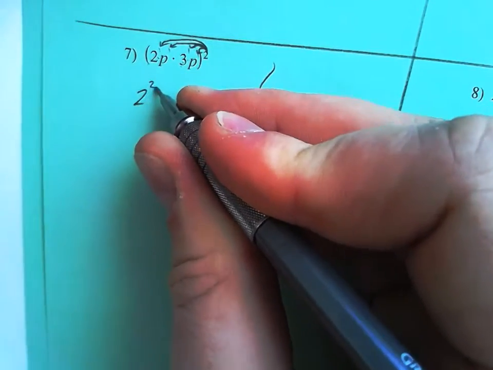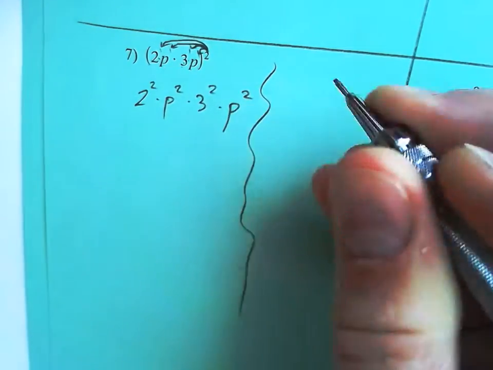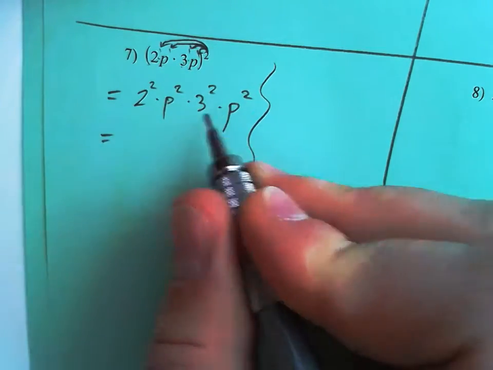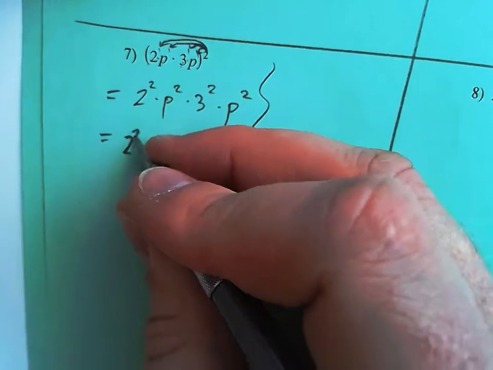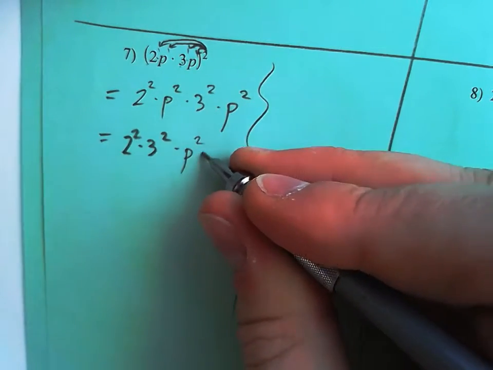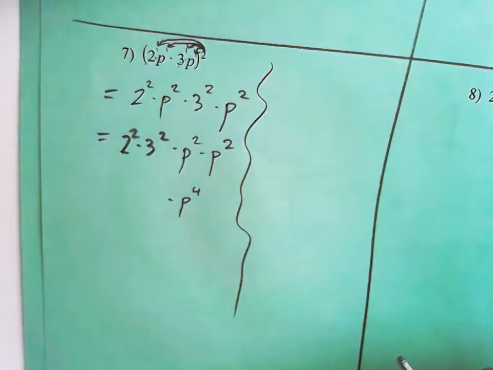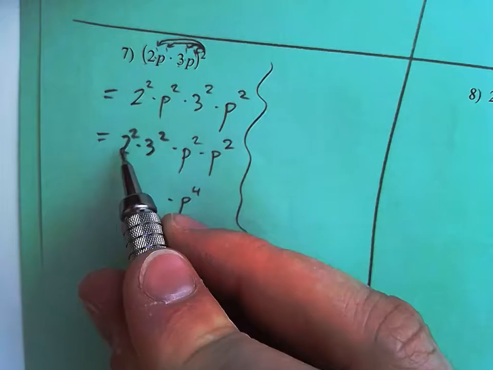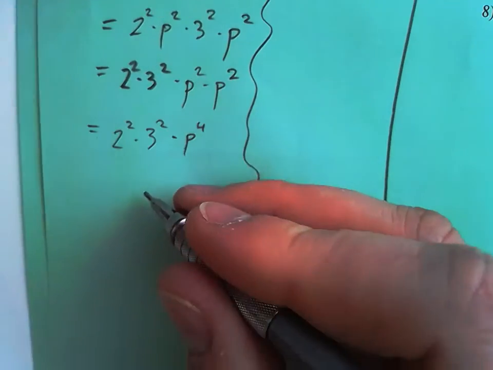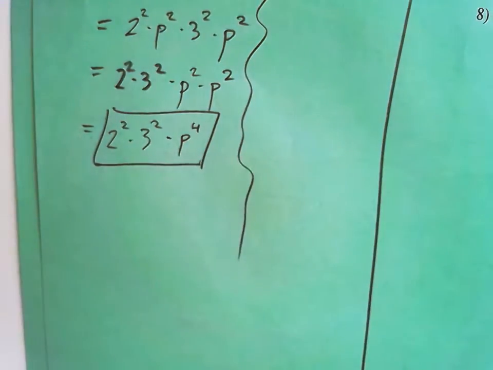So it'll be 2 squared times p squared times 3 squared times p squared. The order doesn't matter in multiplication, so I'm going to put these at the front and the p's right here. P squared times p squared is p to the 4th with the product property. And I'll just leave this as 2 squared times 3 squared. And that's good, I guess, for now.